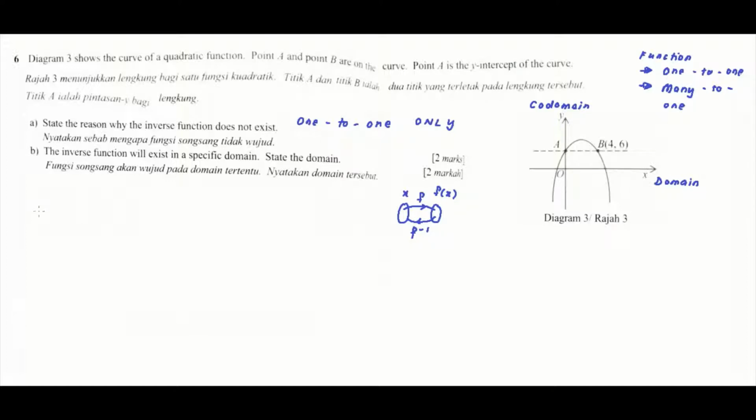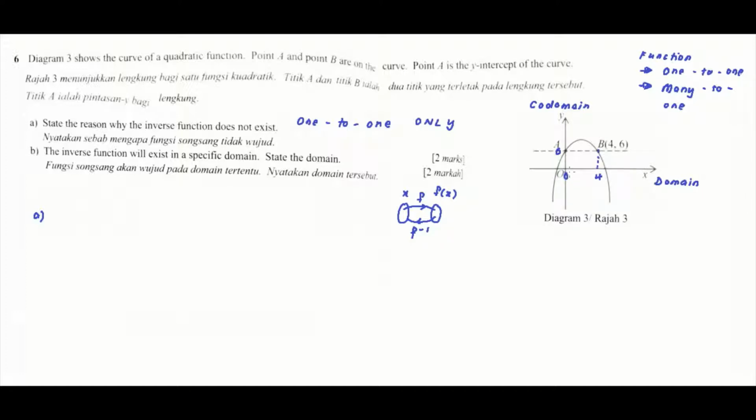Alright, so state the reason why the inverse function does not exist. We need to show that it's not one to one. From this graph, let's take an easy example like A and B given here. They have the same y coordinate, which is 6. The x coordinate of B is 4, and here it is 0.